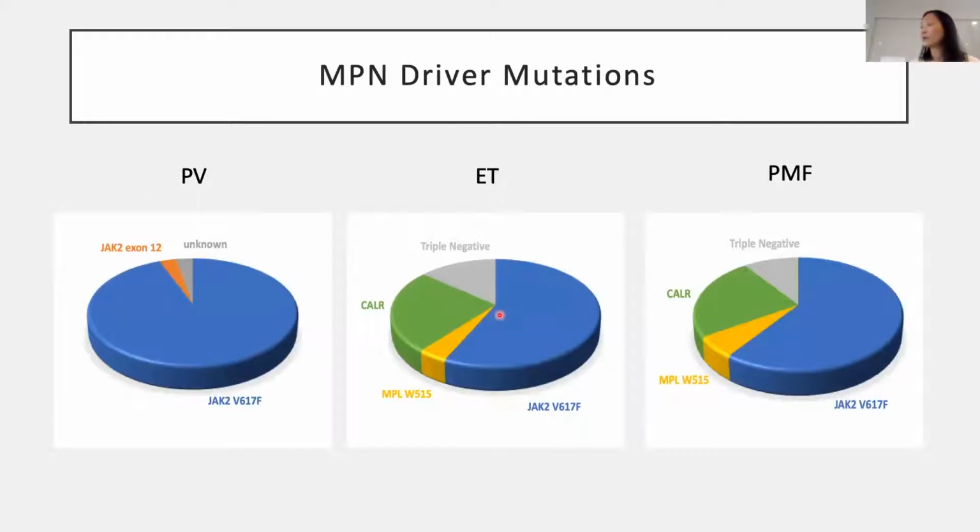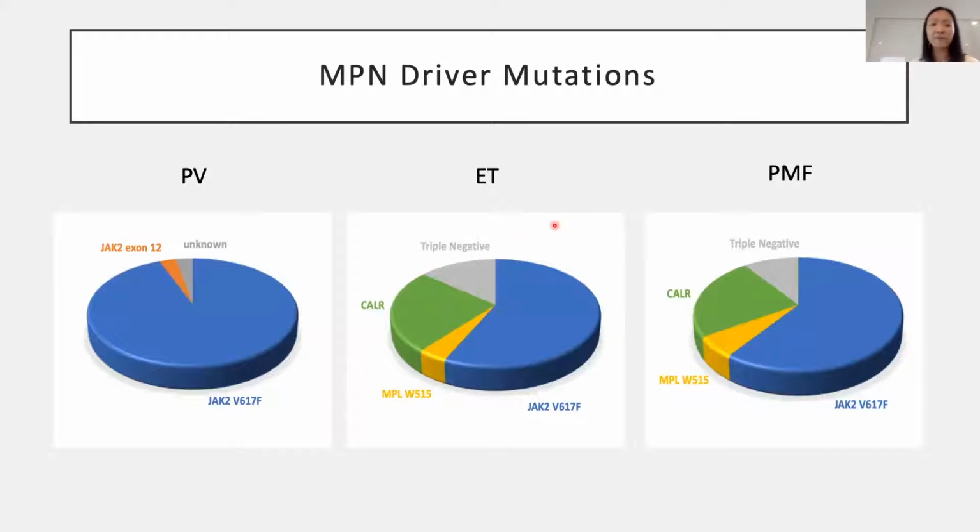So MPN driver mutations have been described in these three diseases, and these include mutations in JAK2, CALR or calreticulin, and MPL. In polycythemia vera, the majority of PV are due to the JAK2 V617F mutation, a smaller percentage due to mutations in exon 12, and there are a few that have unknown driver mutations.